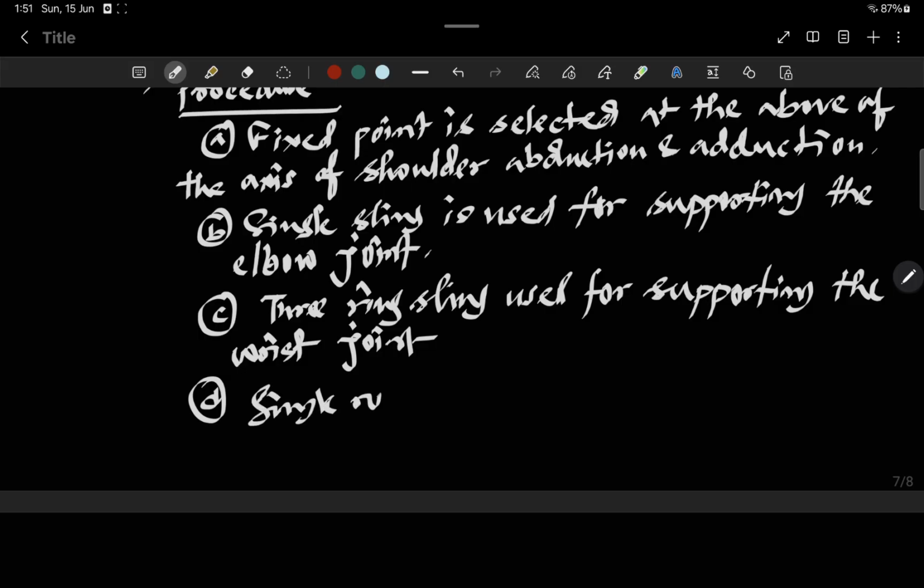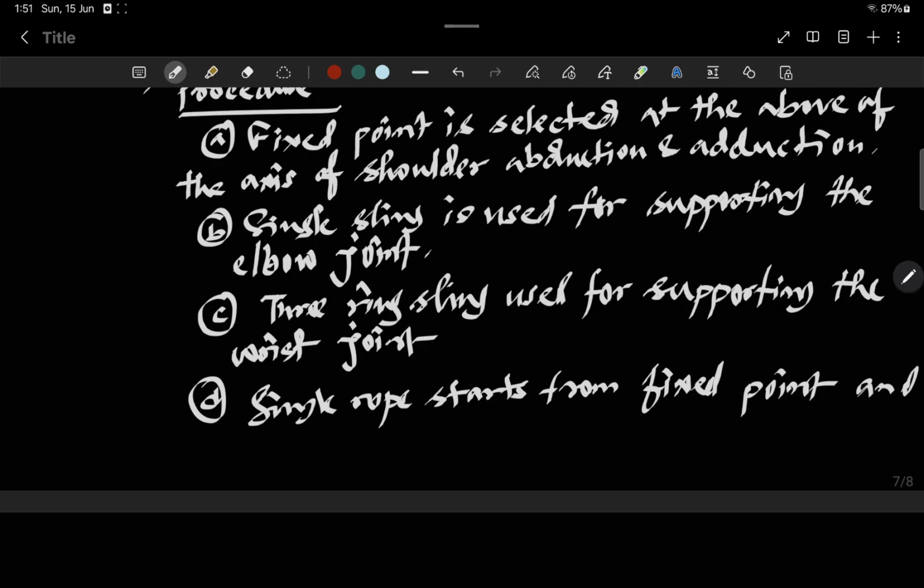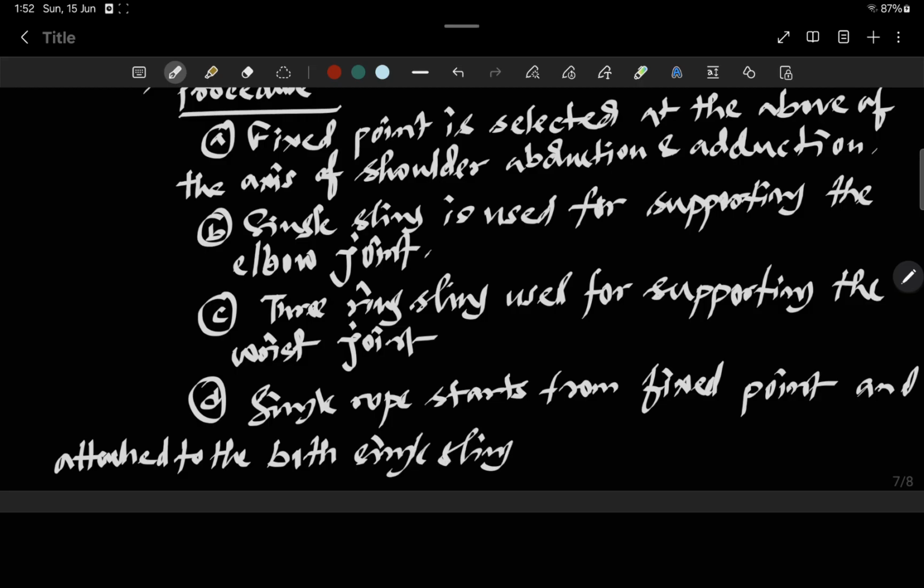Single rope starts from the fixed point and attaches to both the single sling and three ring sling.